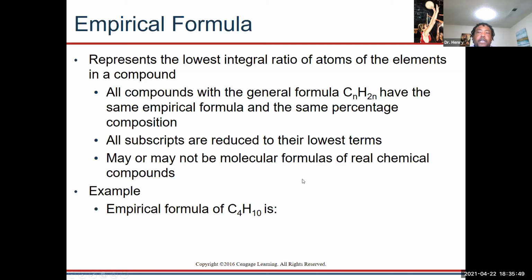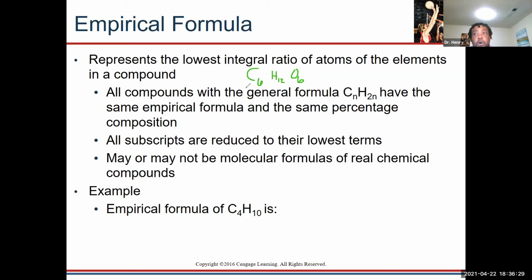Okay, so the next thing we want to talk about is called empirical formulas. An empirical formula represents the lowest integral ratio between all of the elements in a compound. Let me give you an example. If I have C6H12O6, the empirical formula would give me the lowest common factor in all of those, and we divide by that.